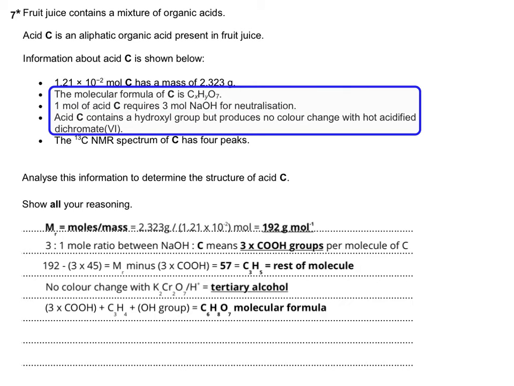So if we now bring in that there's no colour change with hot acidified dichromate, but the acid contains a hydroxyl group, we can do a little bit of jiggling around.